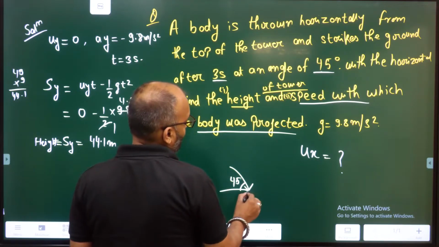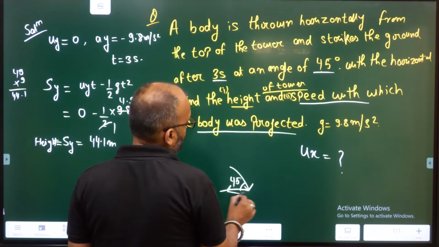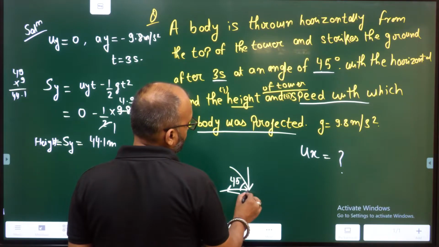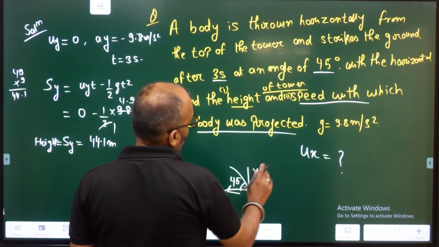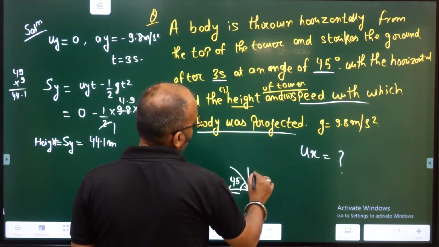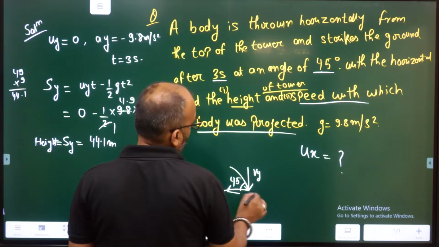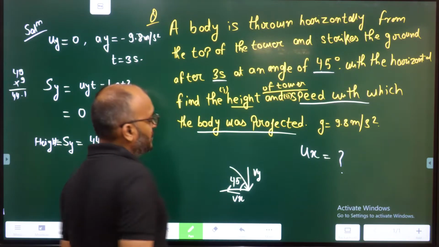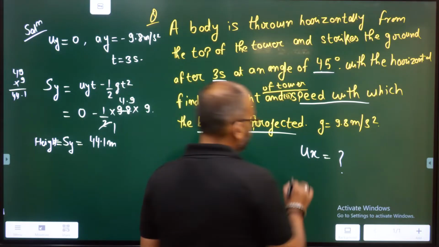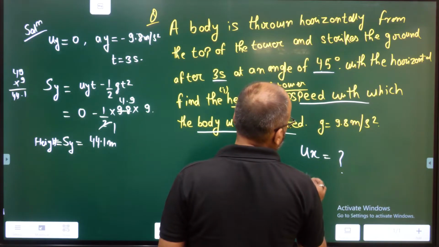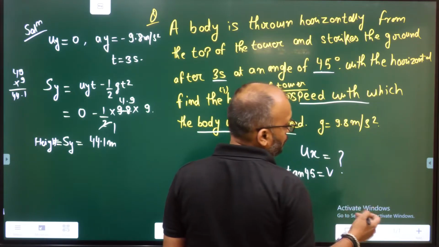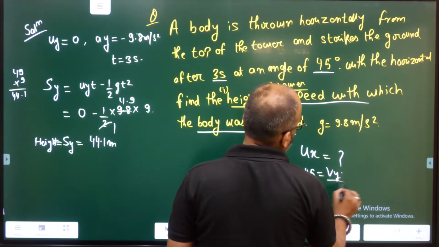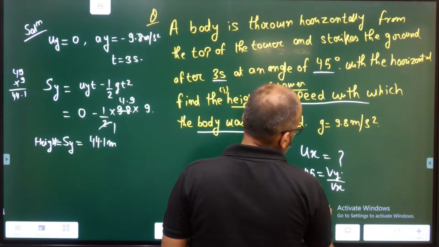Since it is making some angle, this velocity can be resolved into two components, horizontal and vertical. Let vertical component be Vy and horizontal component be Vx. Then I can use tan 45 is equal to perpendicular upon base, so Vy upon Vx.